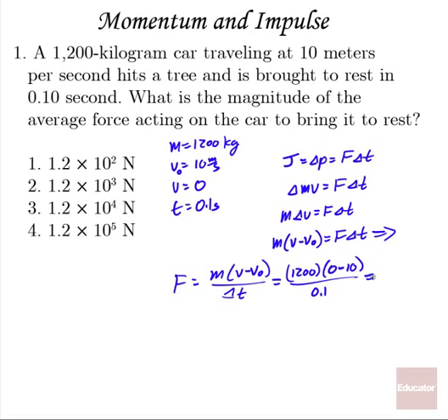So, as I do this, I'm going to have 1,200 times negative 10 divided by 0.1, or negative 120,000 newtons. And since we're only looking for magnitude, that's 120,000 newtons, or 1.2 times 10 to the 5th newtons. Best answer there, number 4.